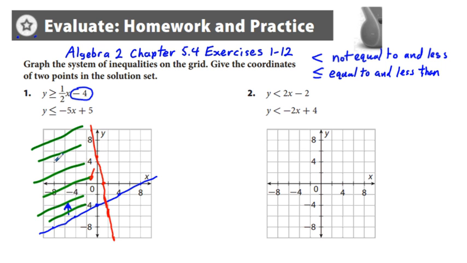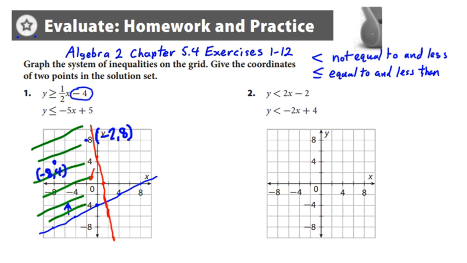So if we go to, we'll put -8, 4. So -8, 4. That's 1 point, and another one in the solution set will be this one right over here, -2, 8. So -2, 8.